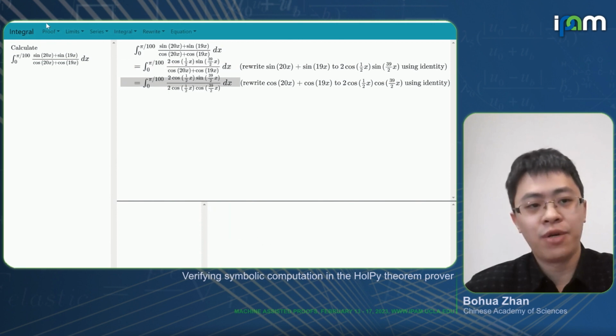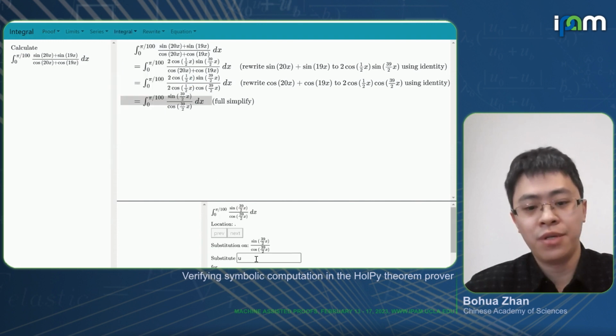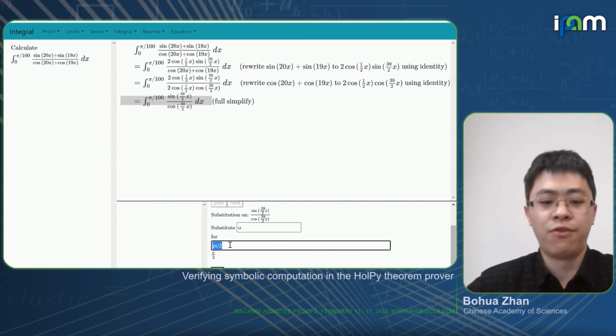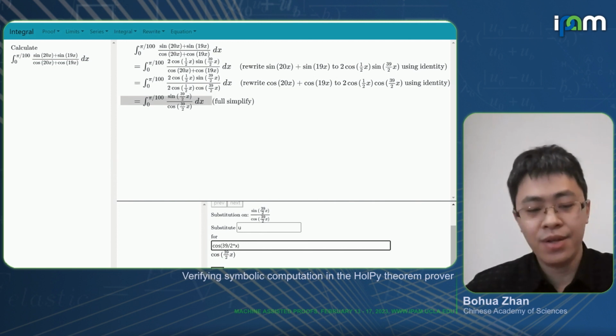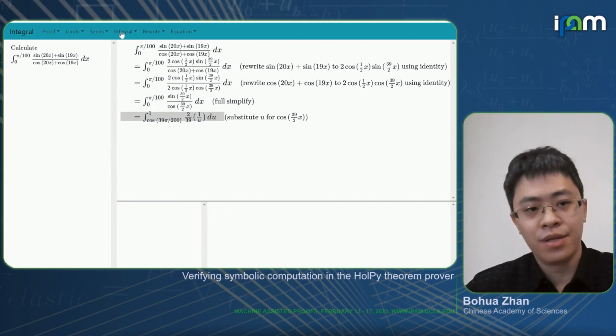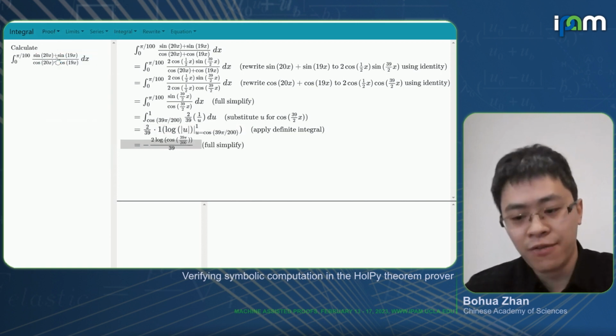Okay, and now we just simplify, and it notices that cosine of x over 2 can be cancelled, and we do a substitution, substituting u for cosine of 39 over 2 times x. And the final step is to apply the definite integral and simplify to give the final answer.